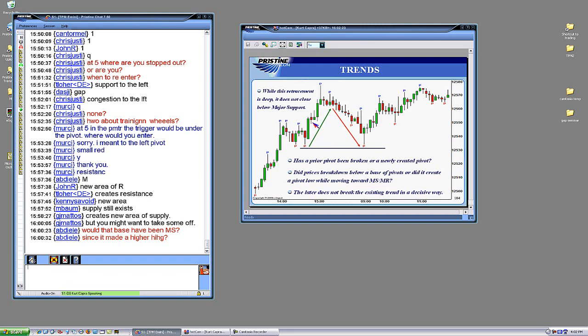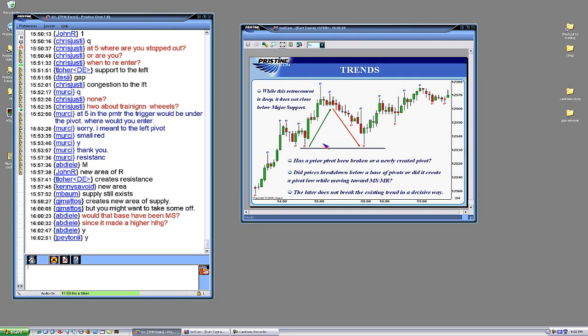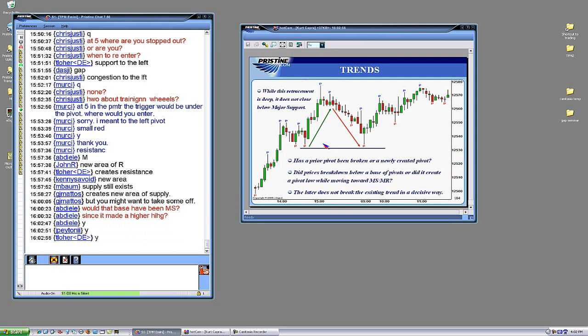Now, it says it here, but can you all see why this retracement never took out major support? A few yeses.